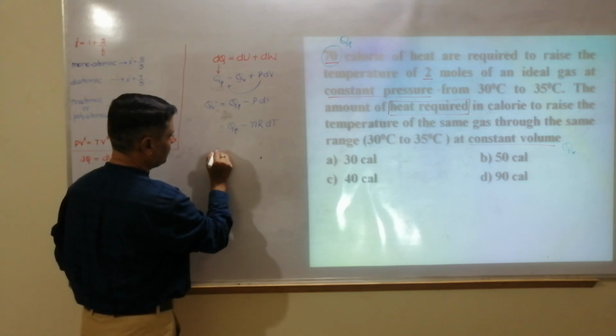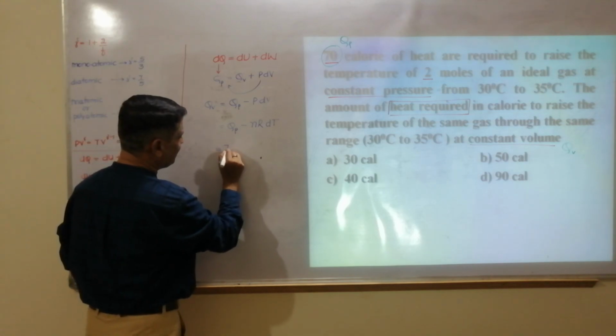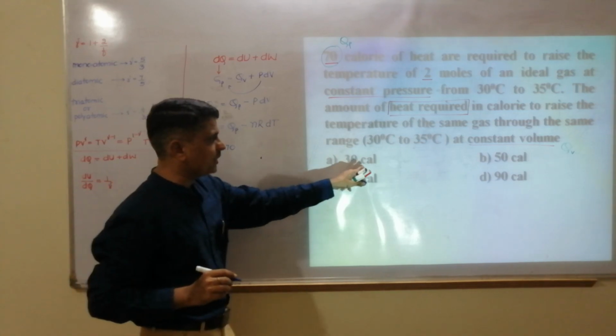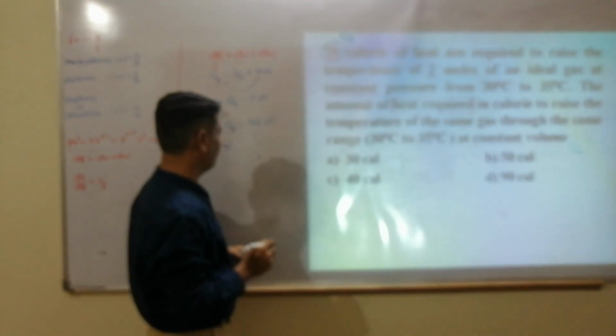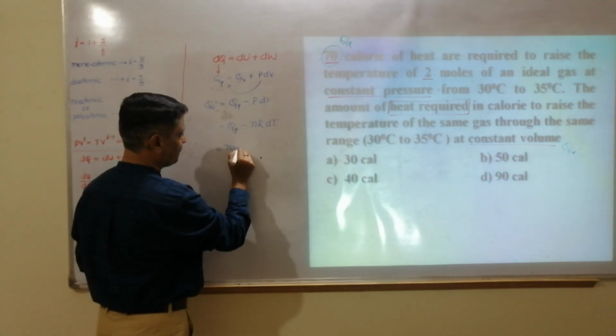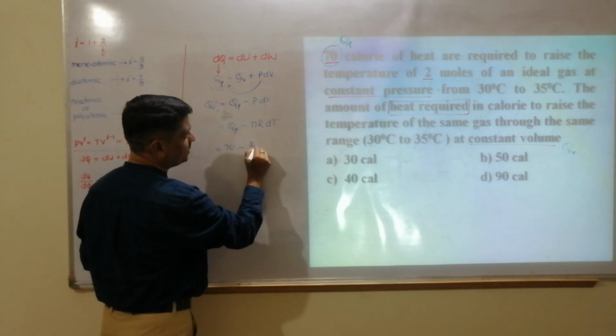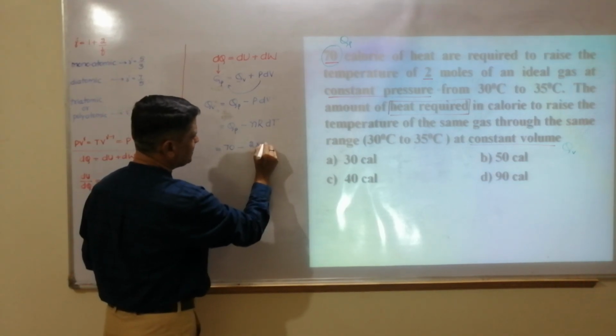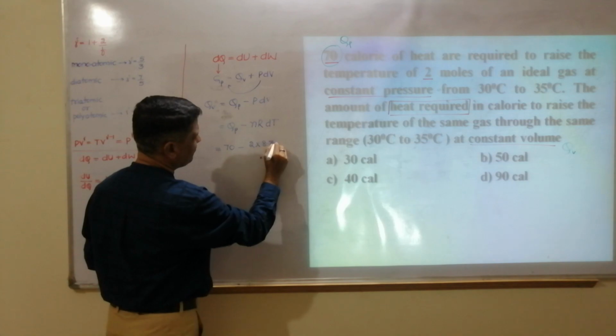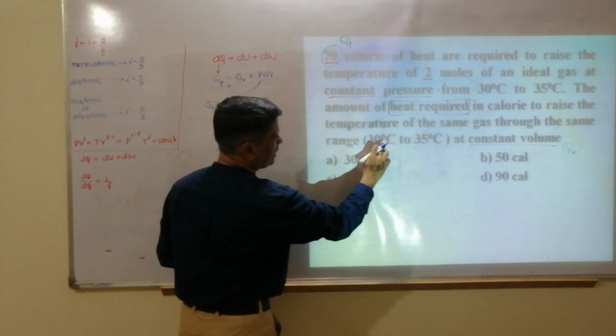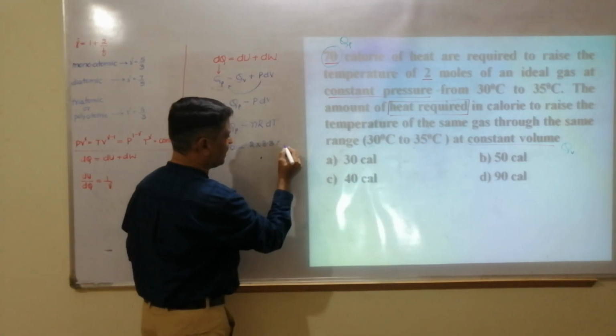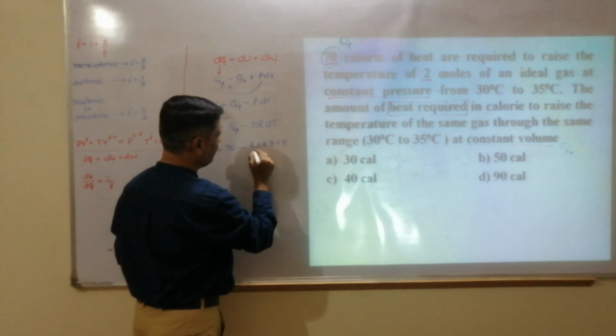See here, QP is nothing but 70 calorie, because all answers are in calorie, so I'll use calorie only, minus number of moles 2, R is 8.3, change in the temperature is 30 to 35, means 5.